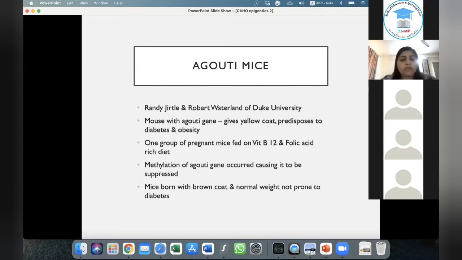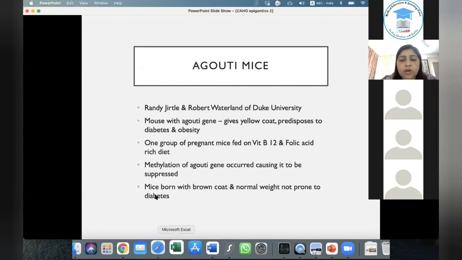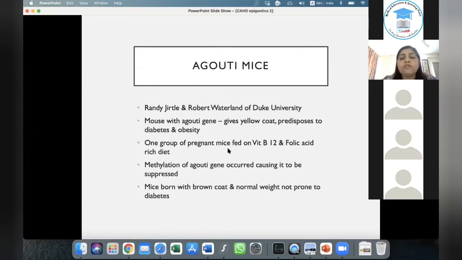And he found that the cohort to whom he had given vitamin B12 and folic acid rich diet, in them the coat was brown and they had normal weight and they did not have diabetes. So he hypothesized and proved that we all know that folic acid is a methyl donor.